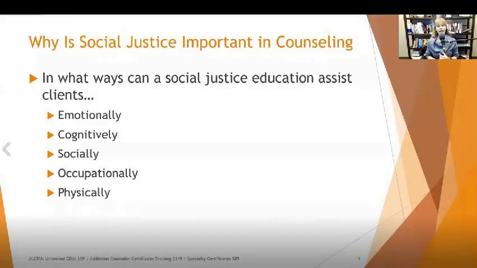Cognitively, it can help them have that cognitive shift, so they're able to look at things from multiple perspectives. Whether they necessarily agree with it or not is not so much the point. For example, when I was a manager at a treatment facility, I started out as a clinician, and I understood the clinician's role, and what was important to them as clinicians. I'm a clinician, so the same thing is important to me.